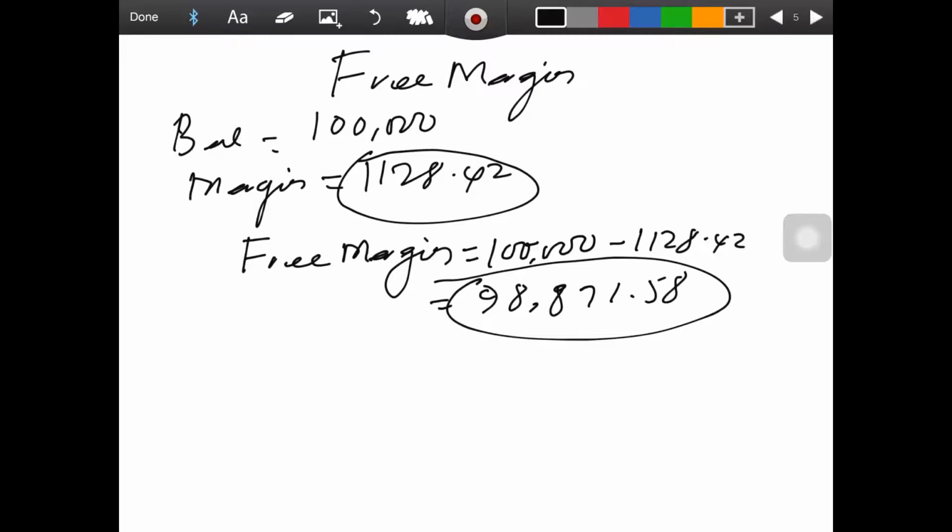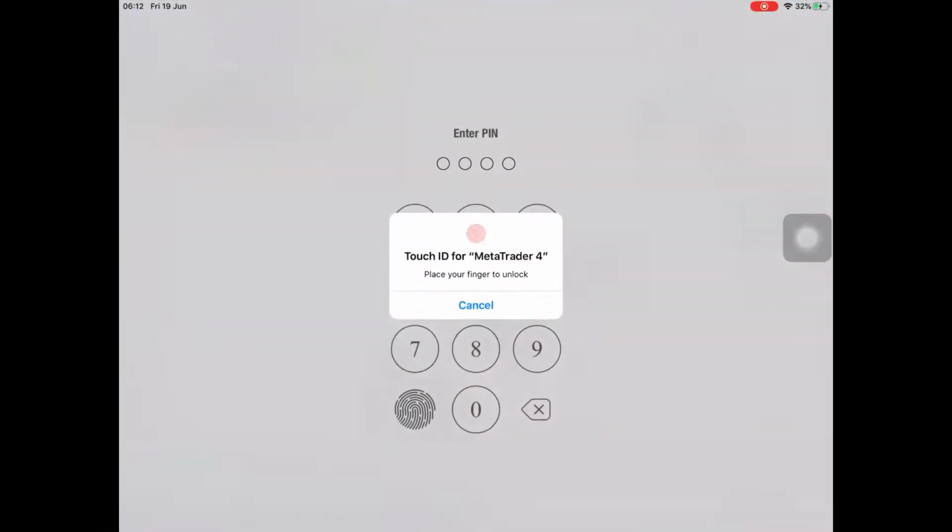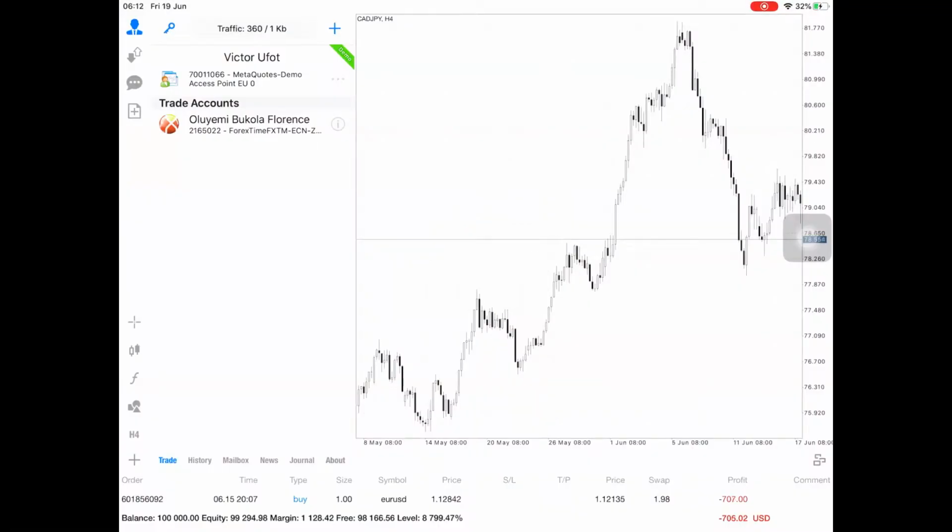Whenever you buy more currency, you take up more margin, and that margin will be taken out of your free margin. Okay, so that is your free margin. Now let's look at this. You can see this is what we'll have here for your free margin based on our entry and current price.